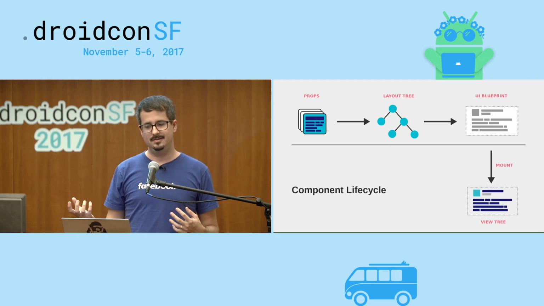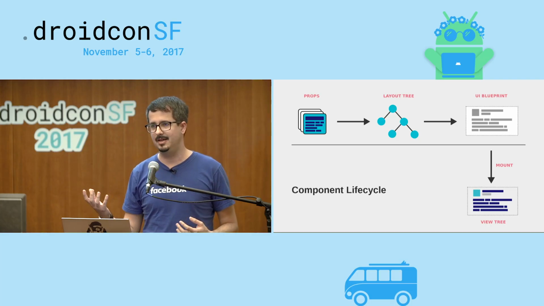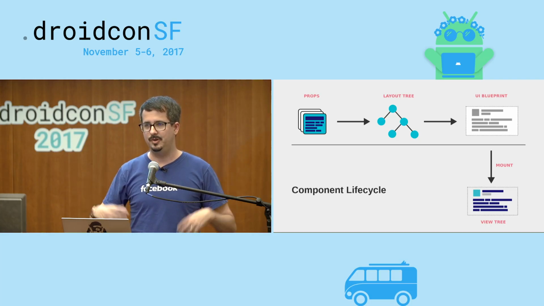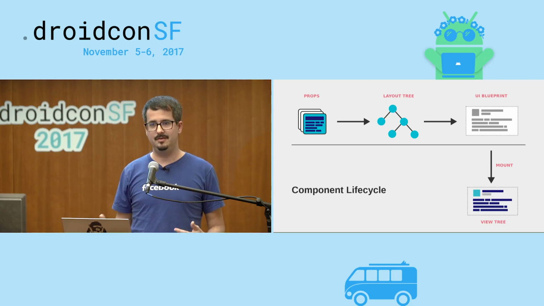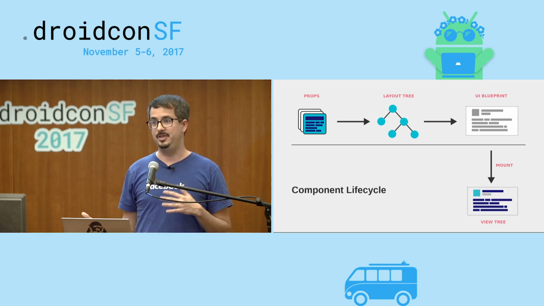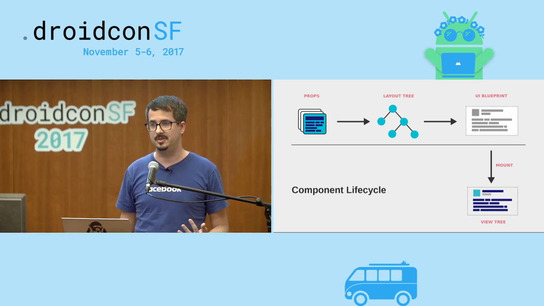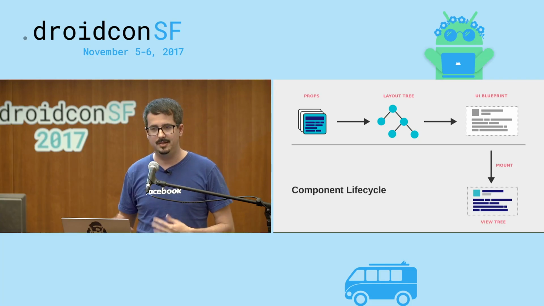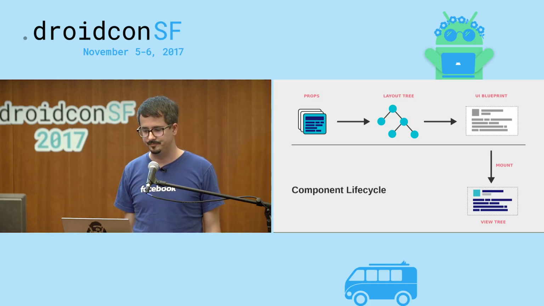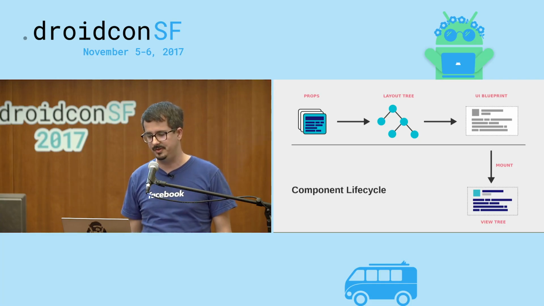It might seem like with Litho we are recreating the view system from scratch, but in the end, everything that Litho does is splitting the notion of layout from views so that we can do more stuff ahead of time before things are actually displayed on screen. But in the end, they're all views and drawables as usual. So once you mount, that's when you have a view tree.